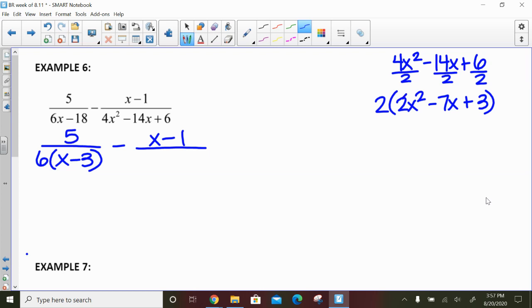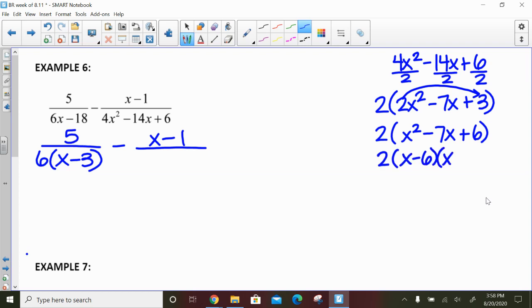So if I multiply the 2 with the 3, I will get x squared minus 7x plus 6. Do I have factors of 6 that add to give me a negative 7? I do. I have x minus 6 and x minus 1.